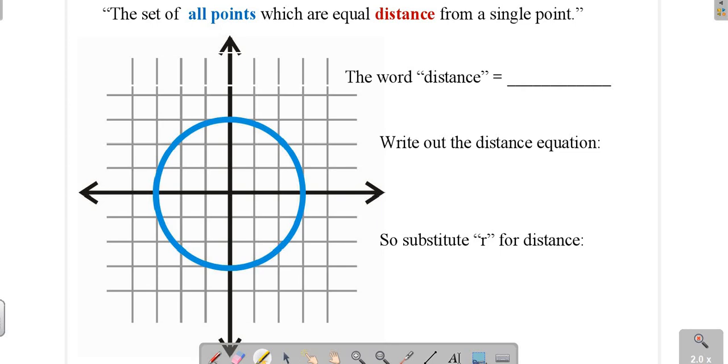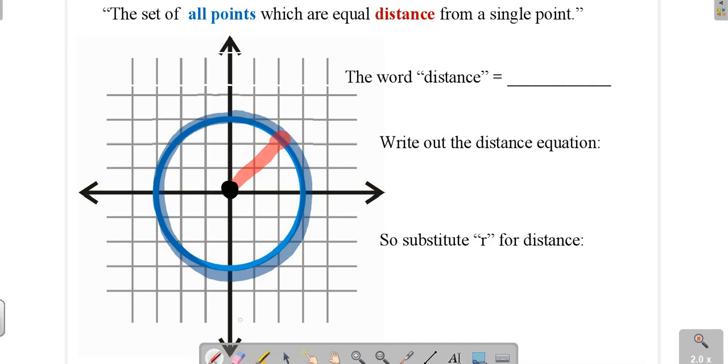Now, we're going to read it and trace at the same time. Ready? A circle is the set of all points which are equal distance from a single point. Did you guys see what we traced? It's really important.